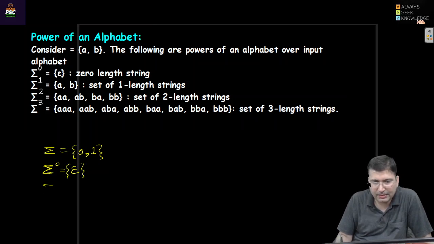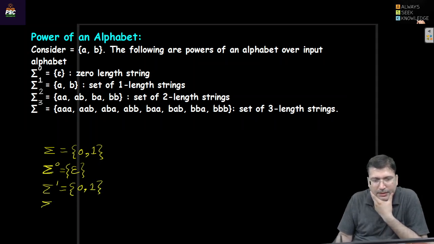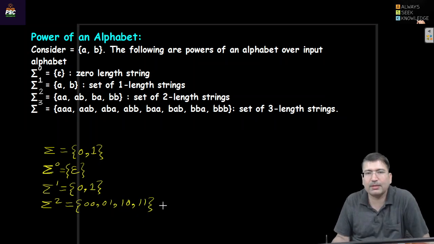If I consider power of 1, that means a one length string. If the alphabet is 0, 1, then the possible one length strings will be 2. And if I write power 2, then I am talking about two length strings.